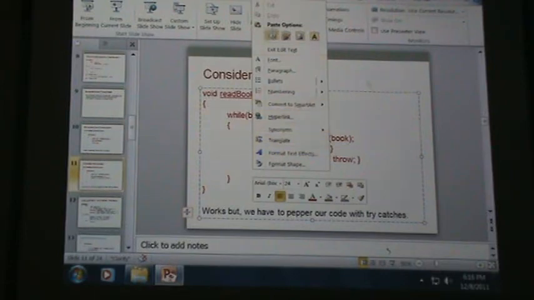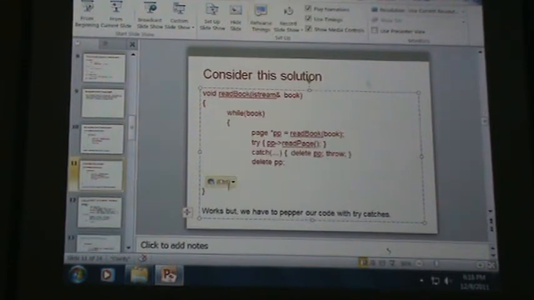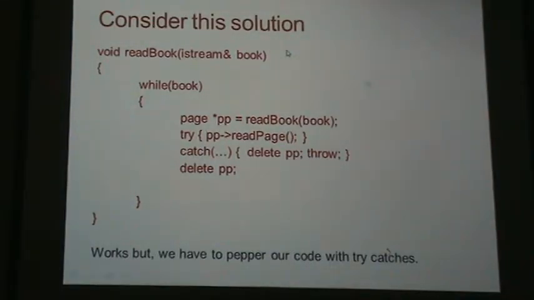So we put it over here. Okay, so this would be a solution to it, right?